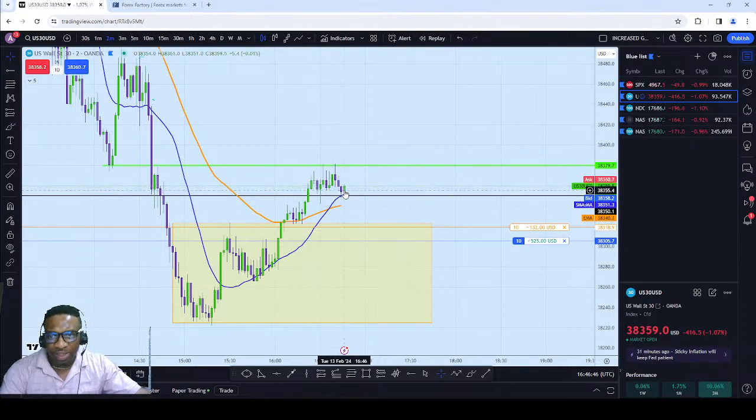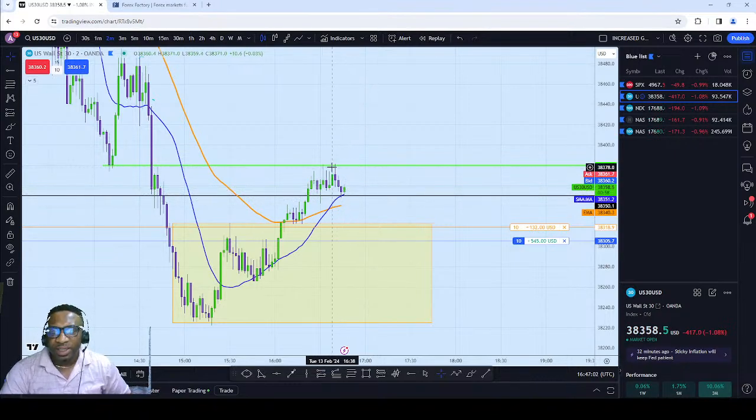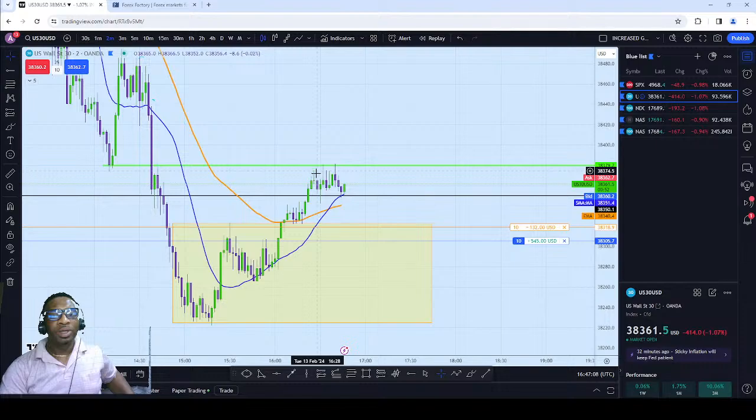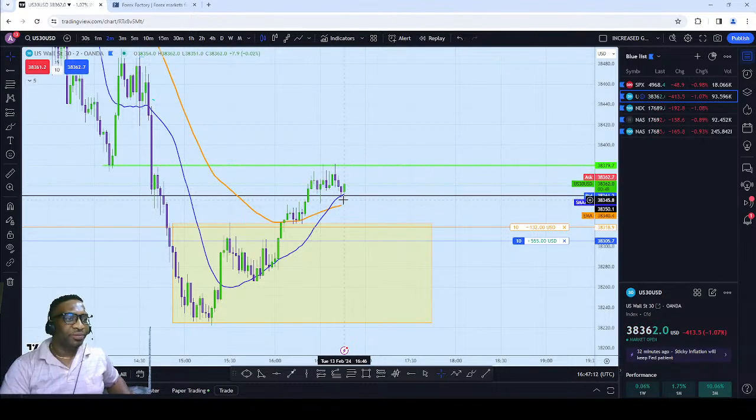When we see a crossover like this, the next thing we expect is a pullback to the moving average. Exactly where and when it will pull back, we don't know, but we know it will pull back near the moving average or close to it.